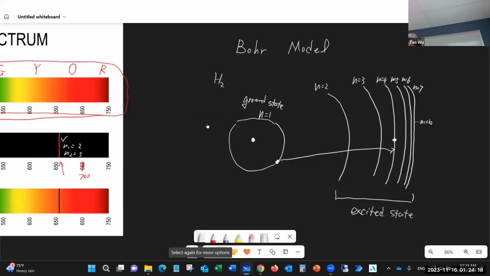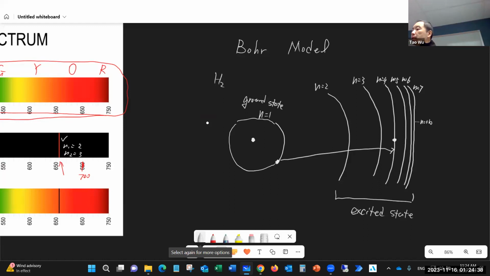You crashed, you collapsed. So the electron is doing the same thing. They try to jump back because they lost their energy. The electron lost its energy, then what happens? They're going to jump back.